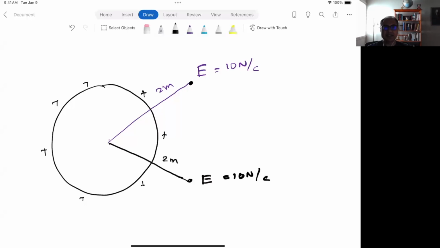Why does it have to be the same? Because if it were not the same, suppose over here it was 100 newtons, suppose it was something different over here, that would completely spoil the spherical symmetry. Because if your friend challenged you to see if you can tell if the sphere has been rotated, all you had to do is just remember where the 10 newtons per coulomb is and where the 100 newtons per coulomb is.